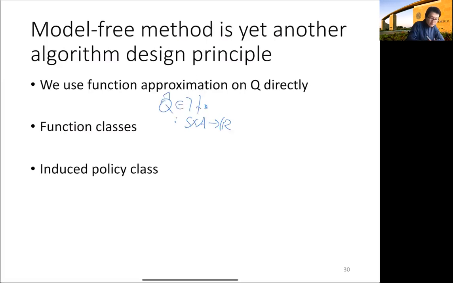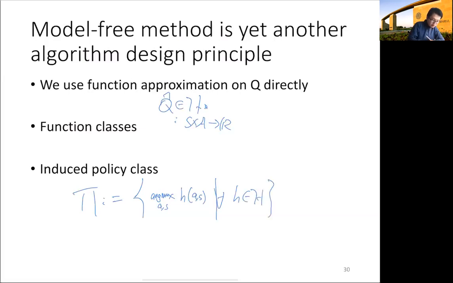Each individual element in this hypothesis class induces a particular policy class. So the policy class would also be indexed by the individual h in this hypothesis class. It could be given by argmax over a of h(s,a), for all h in the hypothesis class. This induces a corresponding policy class that is natural for this approximate value function class.